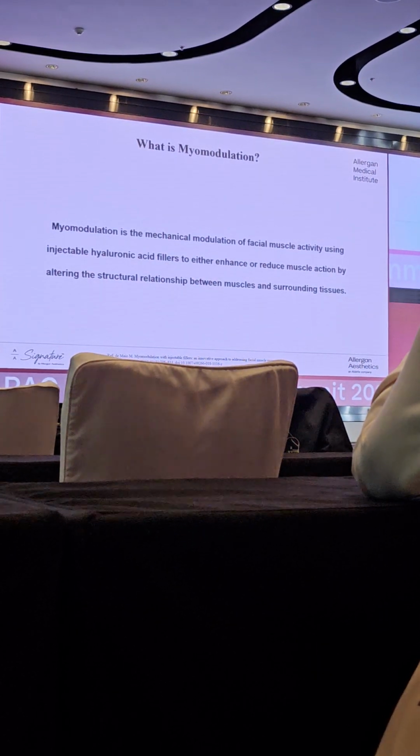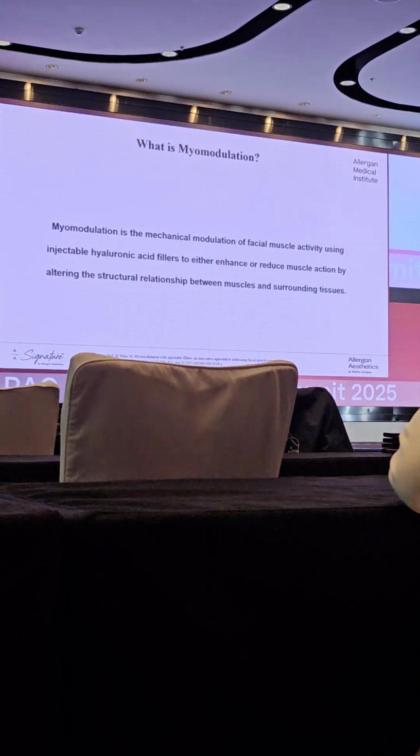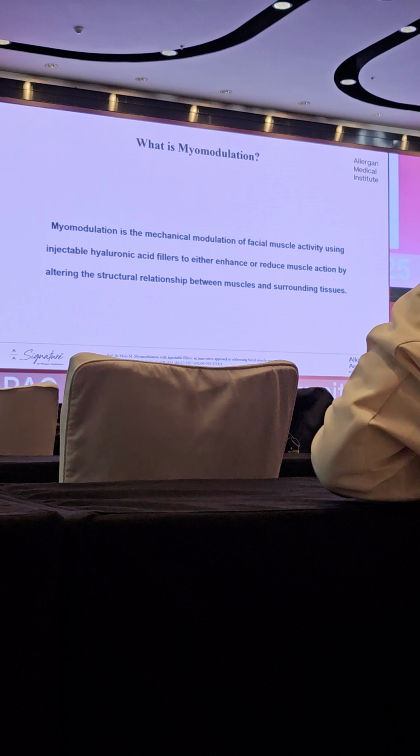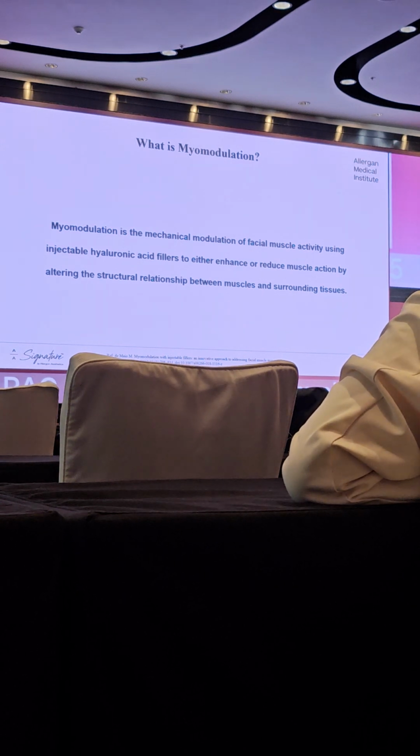It is so small, it has restricted my chest expansion, so I can't breathe fully. In the same way, when a filler is placed on top of the muscle, the power of the muscle reduces. I'm going to explain how placing filler above or below the muscle can reduce or increase the power of the muscle.